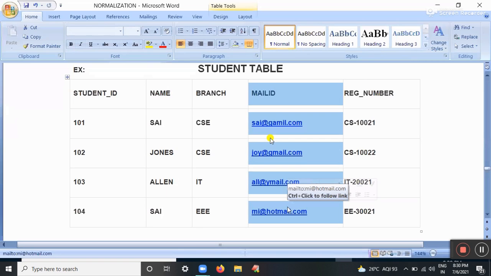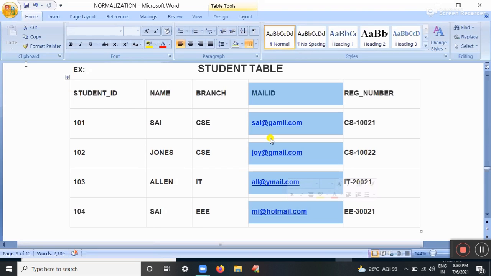And tell me one thing: is there any chance that both users have the same ID? No, impossible. So that means, can I say mail ID is also one super key column in this table? Mail ID is also one super key column in this table, right?